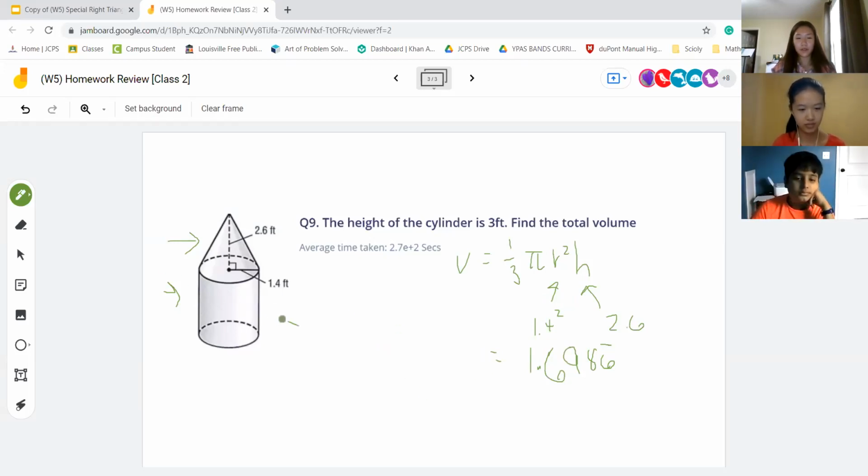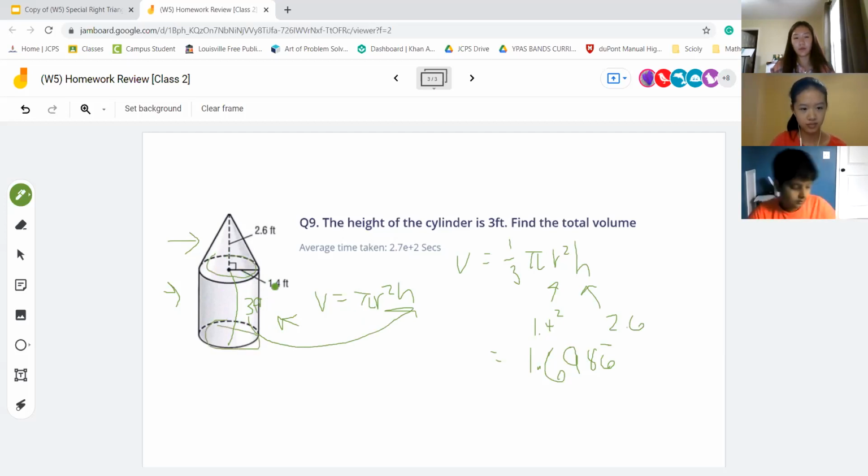And then for the cylinder, it's just pi r squared h. It tells us that this part is 3 feet, so that's the height of my cylinder. The radius is the same as the cone, since this circle and this circle are the same, right?